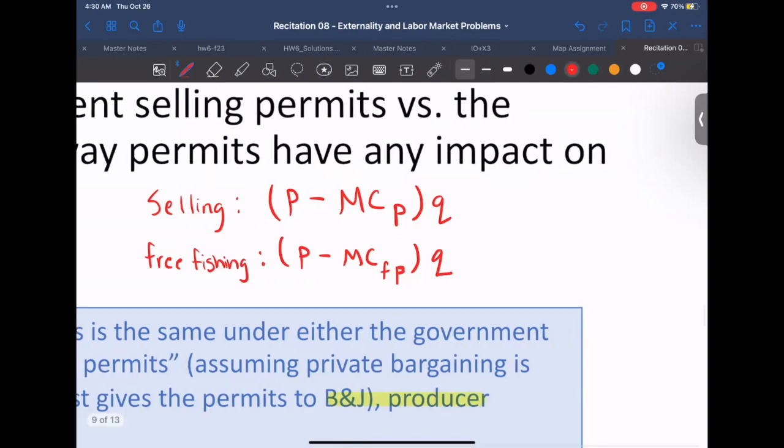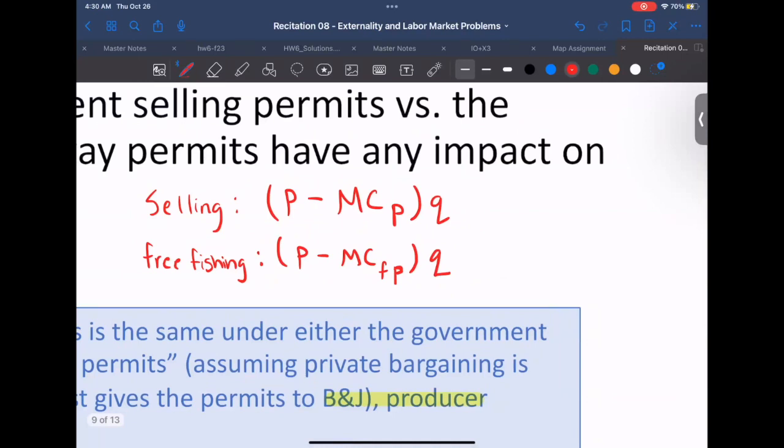So we're going to compare the marginal cost with the permit with the marginal cost where the government just gives away permits.